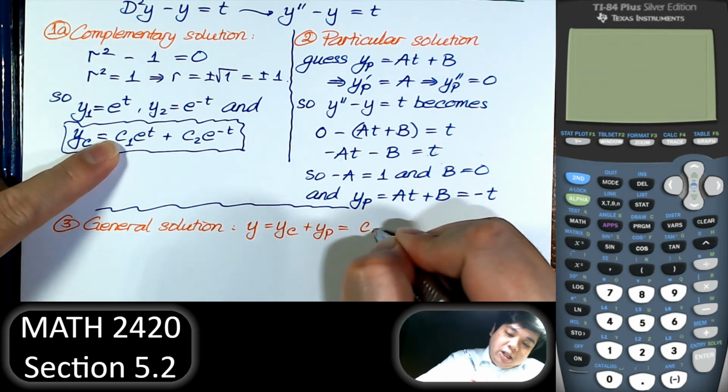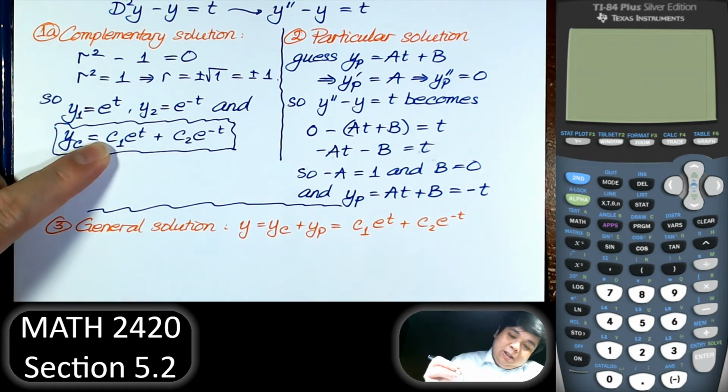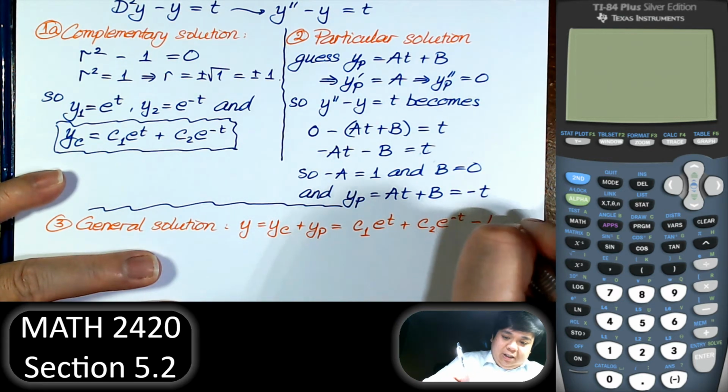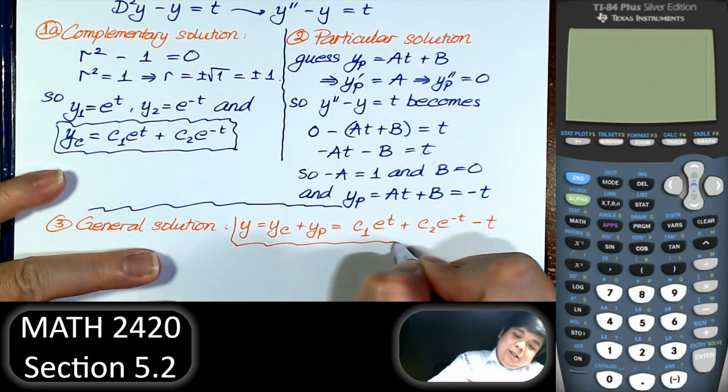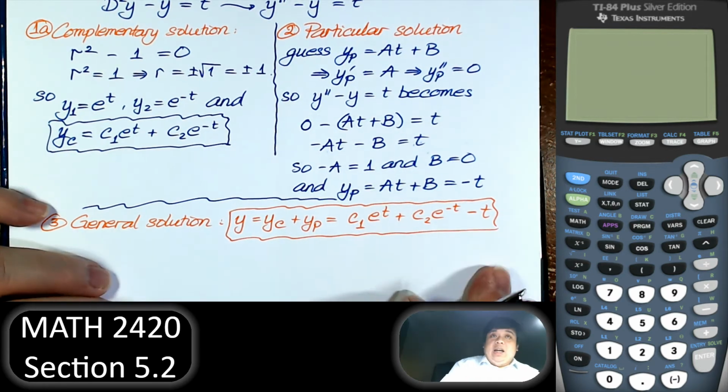Complementary solution is this, and particular solution is negative t, so that's all we have. So we have y. So we eliminate x and solve for y. That's what we have for y.